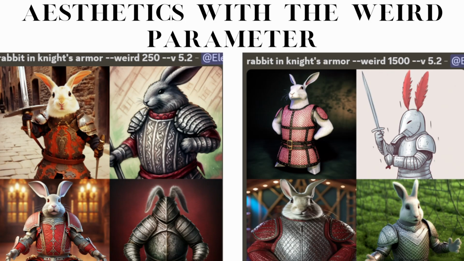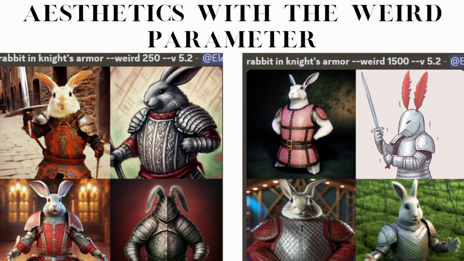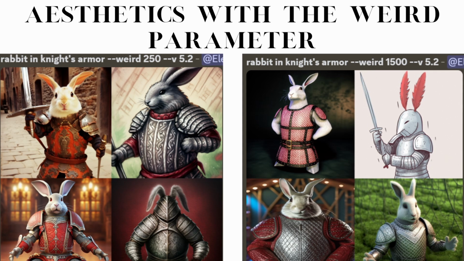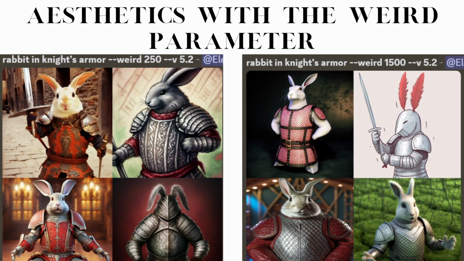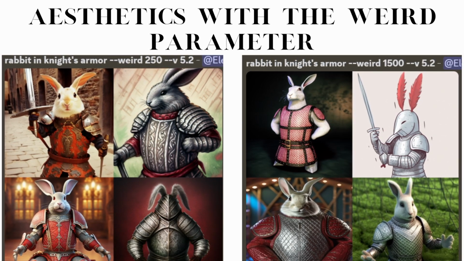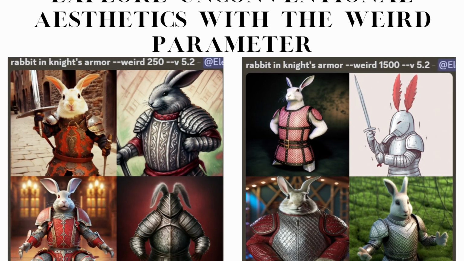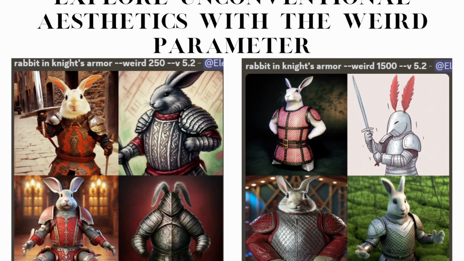22. Explore unconventional aesthetics with the weird parameter. This parameter introduces quirky and offbeat qualities to your generated images, resulting in unique and unexpected outcomes. Weird accepts values from 0 to 3000. The default weird value is 0.